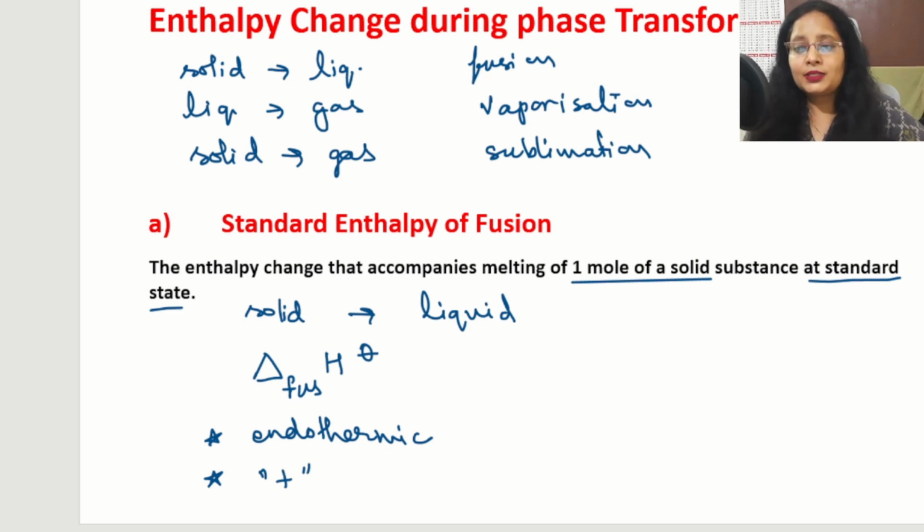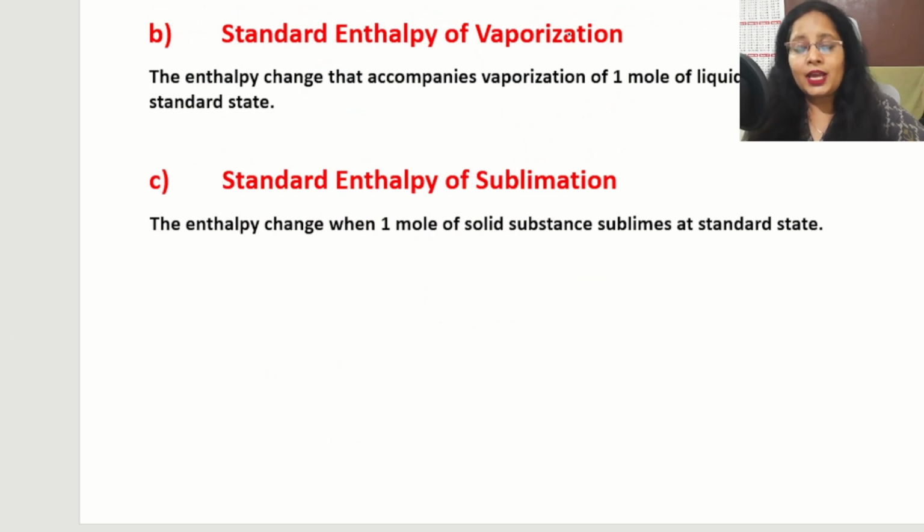Come to the next point, standard enthalpy of vaporization. It is denoted by delta subscript vap H standard. Now, it is the enthalpy change that accompanies vaporization of 1 mole of liquid substance at standard state. Again the same thing. Standard state means temperature should be 298 Kelvin, pressure will be 1 bar, and here one more thing added, 1 mole of the substance.